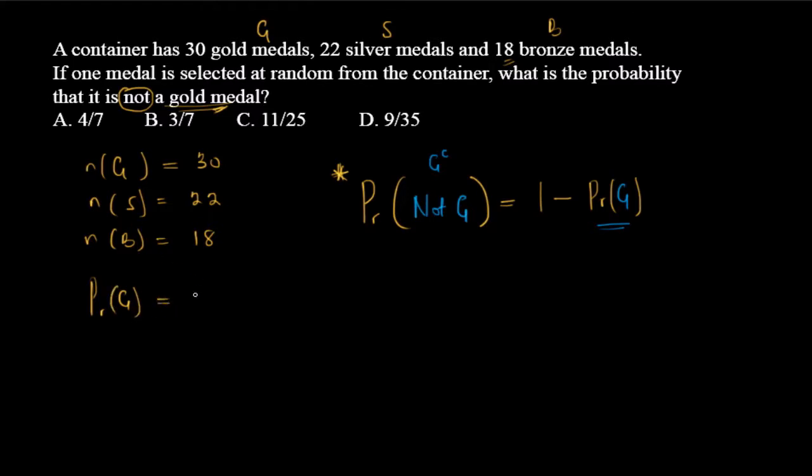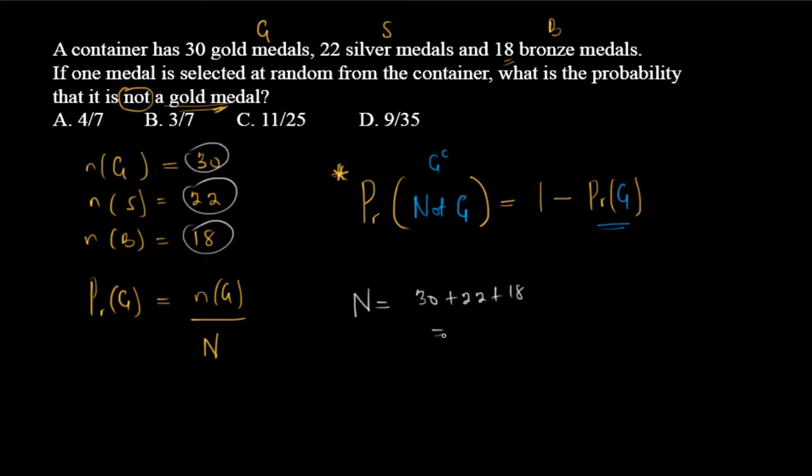Recall, the probability of the event G equals the cardinality of G divided by big N, where big N is the cardinality of the universal set, or the total number of medals that we have. The total number of medals, N, equals 30 plus 22 plus 18, and that gives us 70.